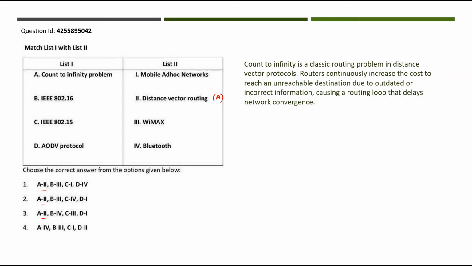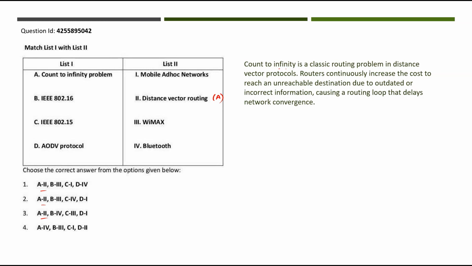Routers continuously increase the cost to reach an unreachable destination due to outdated or incorrect information, causing a routing loop that delays network convergence. Sometimes the destination might be unreachable because of incorrect or outdated information. So without that information, the routers will be trying to increase the cost to reach that particular destination. This is actually count to infinity.